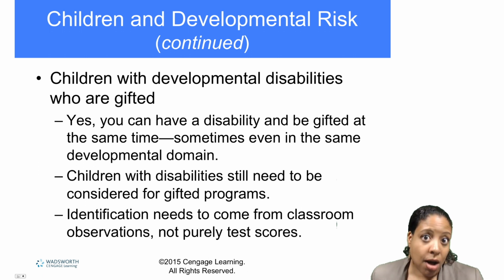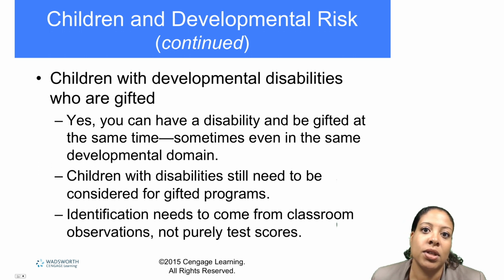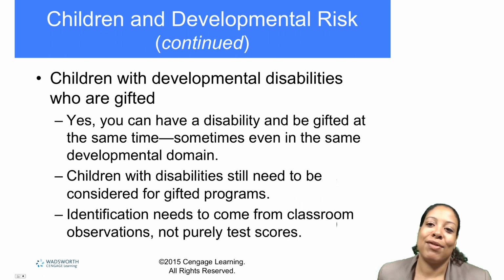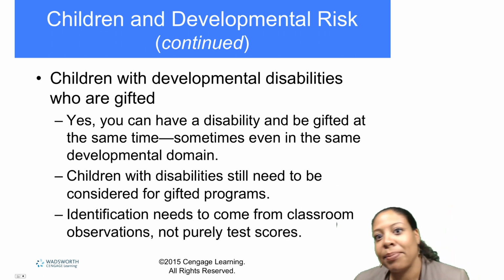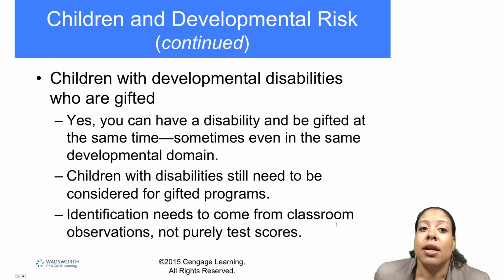So there's also the possibility that children with developmental disabilities are gifted, and I think this goes against common assumption sometimes. Yes, you can have a disability and be gifted at the same time, sometimes even in the same developmental domain. Children with disabilities still need to be considered for gifted programs.